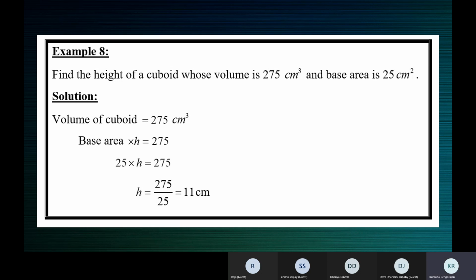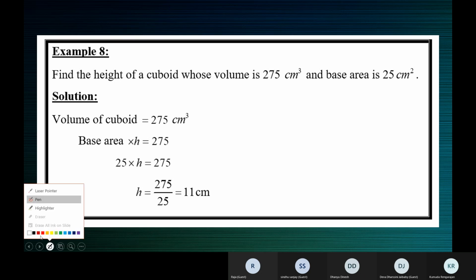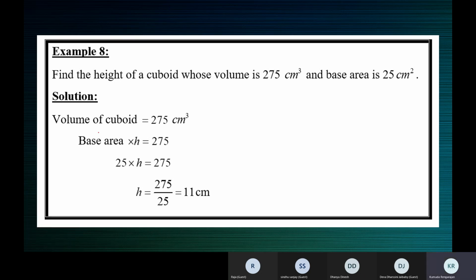Yes, children, please write down the answer. Volume of cuboid is 275. You can mention this: L into B into H is equal to 275. L into B is base area.